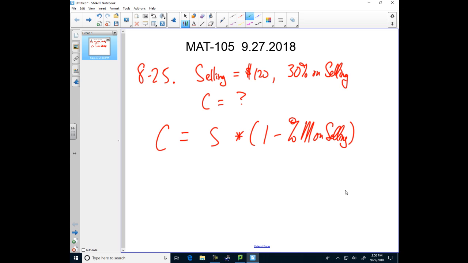Now the good news here is we know what that is, and we know what that is, don't we? So this is looking fairly encouraging, isn't it? So the cost equals $120 times the quantity 1 minus what?